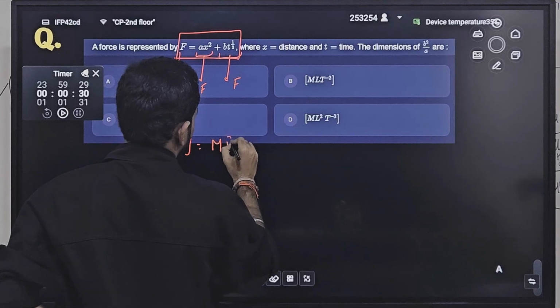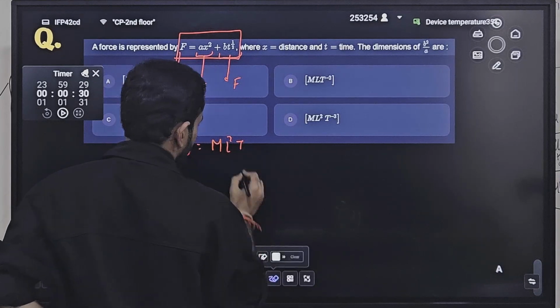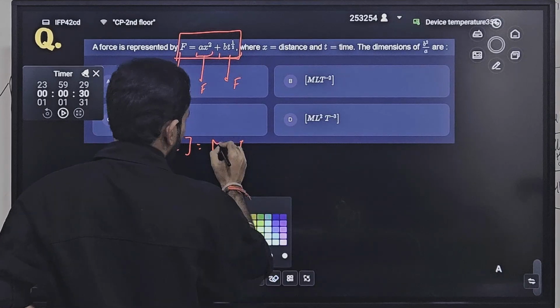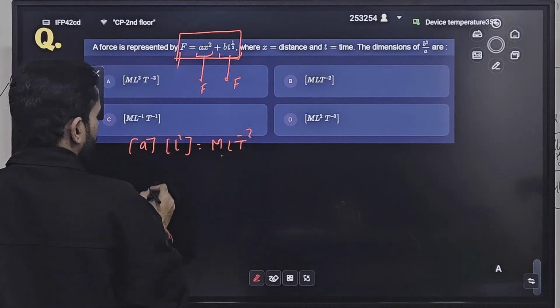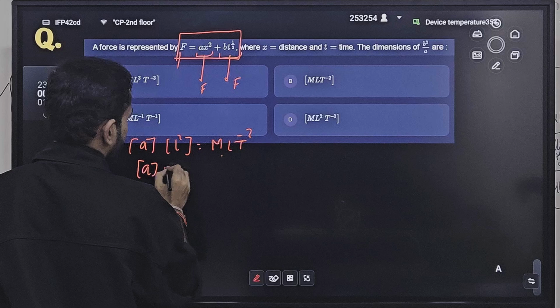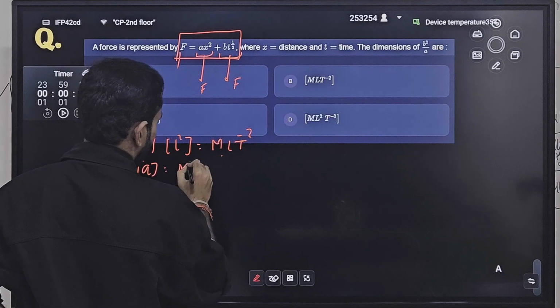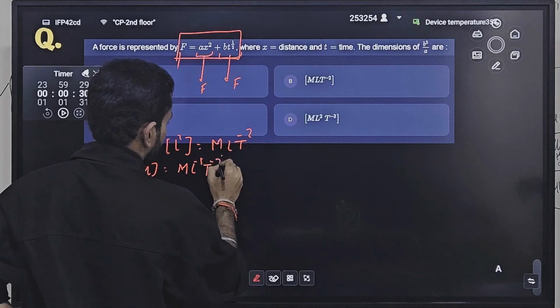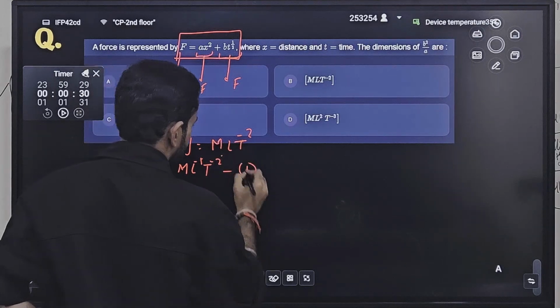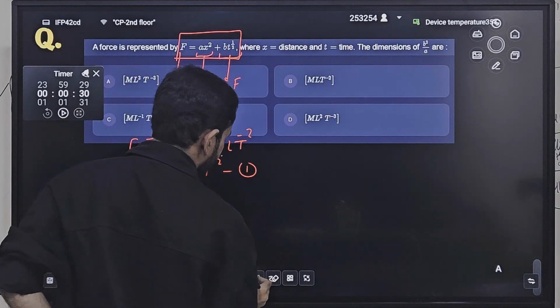What is the dimension of force? M L T minus 2. Correct? That means what is the dimension for A? I can say A is equal to M L T minus 2 divided by L square, that is M L minus 1 T minus 2. This is the first result. Now solve the second part.